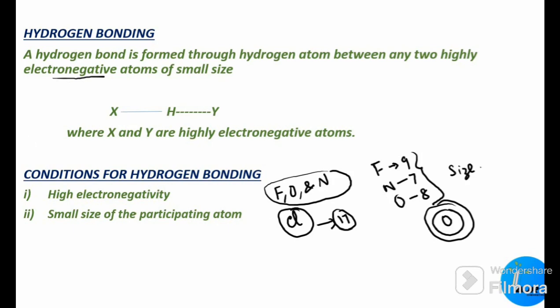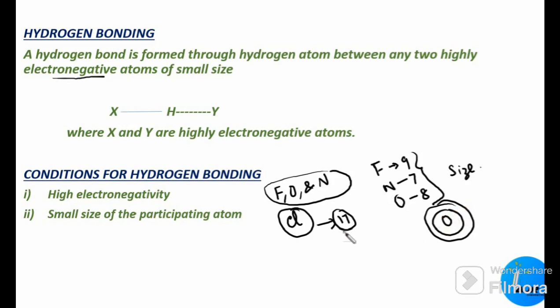So the distance between the nucleus and the valence shell will be a little higher when compared to fluorine, nitrogen and oxygen. Since the electronegativity of an atom is affected by both its atomic number and the distance that its valence electrons reside from the charged nucleus.